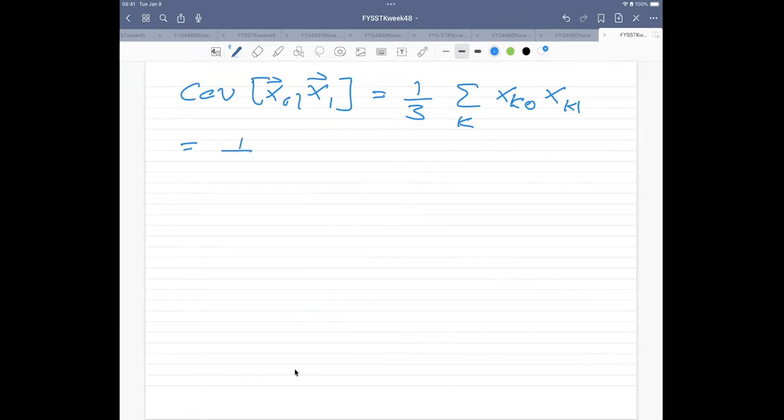That is equal to 1 over 3 when I just write everything out, x00 x01 plus x10 and so on. So these are all elements of the design matrix.